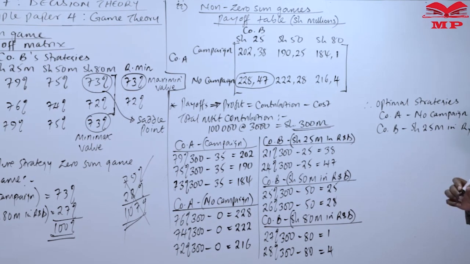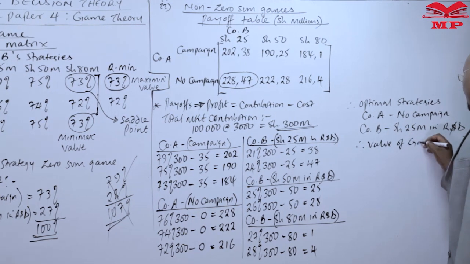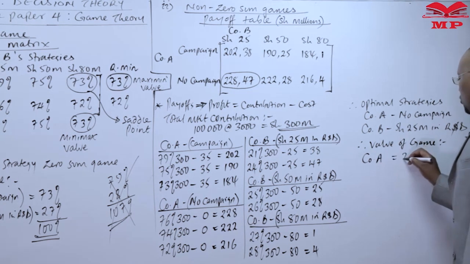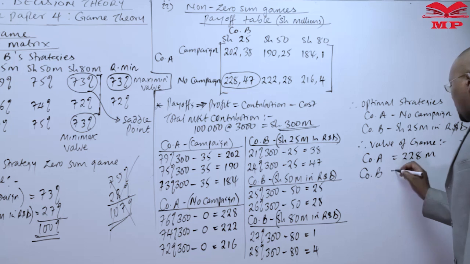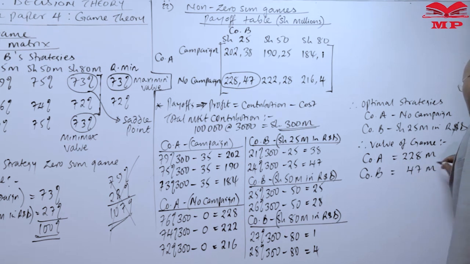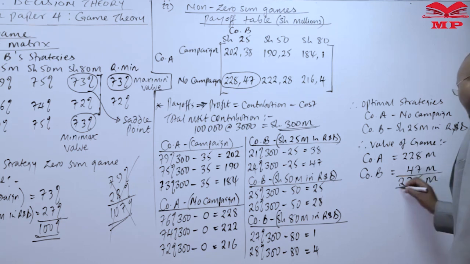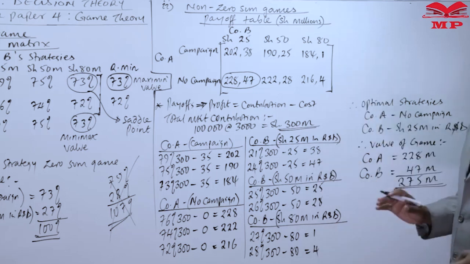Now with this, what is the value of the game? The value of the game shall be company A 228 million, company B making 47 million. When you add, this gives us 275 million, being the highest. And that is the best you can make when you make a comparison of all this.